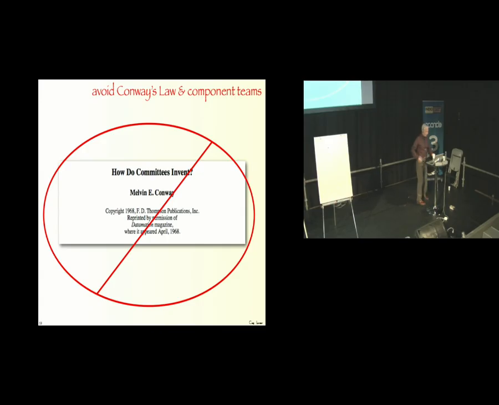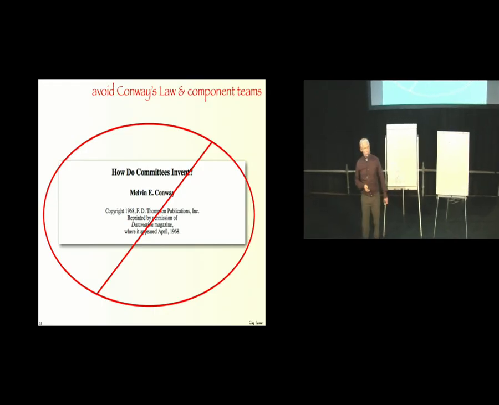And one of the things that Conway observed was that suppose you want to make a compiler, and suppose you create 4 teams. You will have a 4-pass compiler.